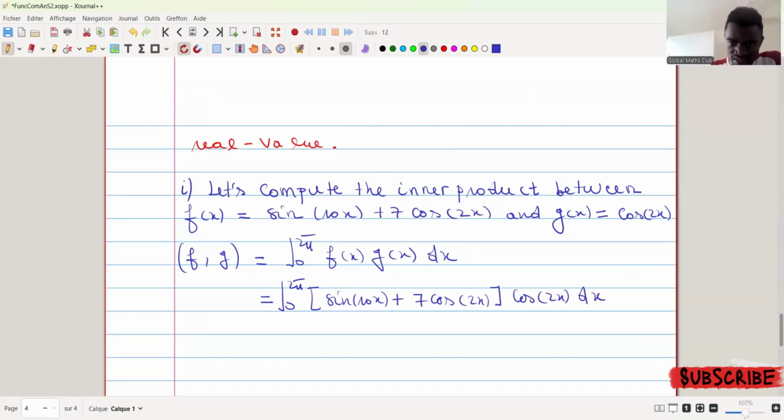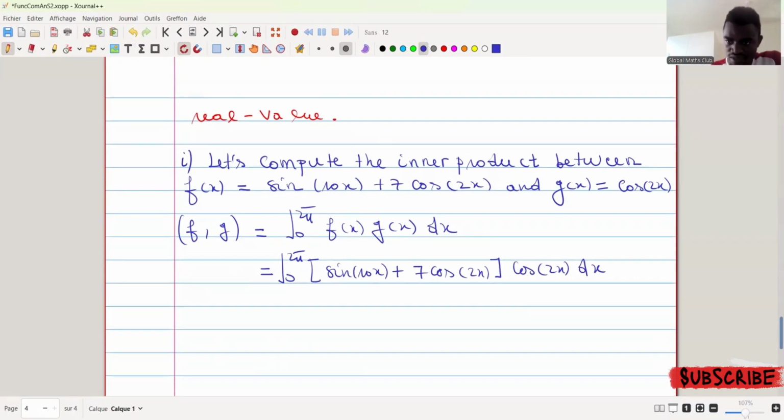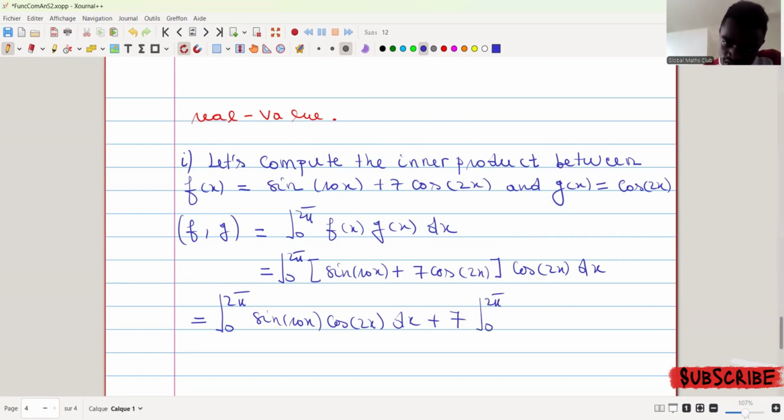So if we expand this, this one is sine 10x times cosine 2x, sorry, plus 7 cosine 2x times cosine 2x, which is cosine 2x squared.